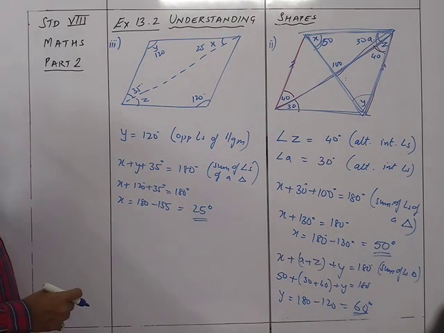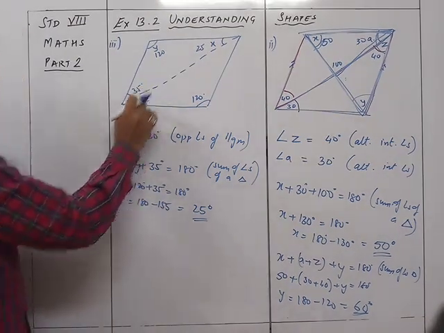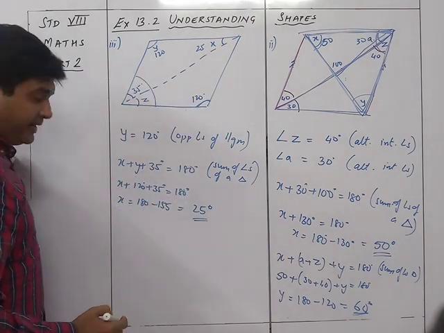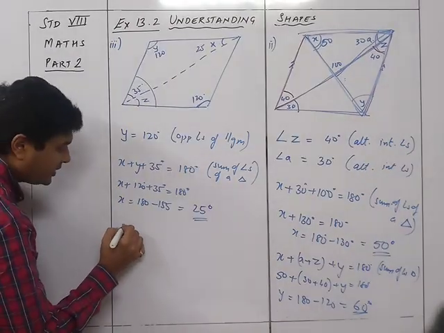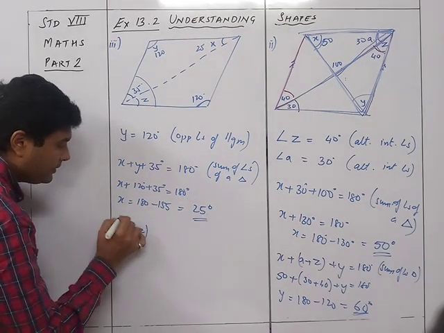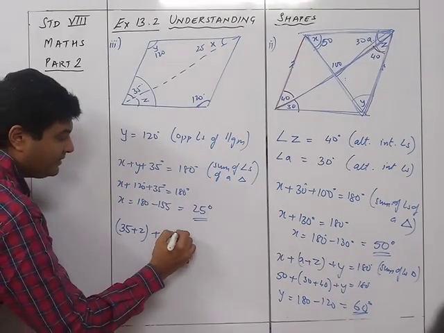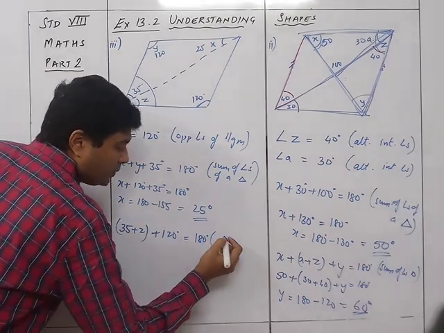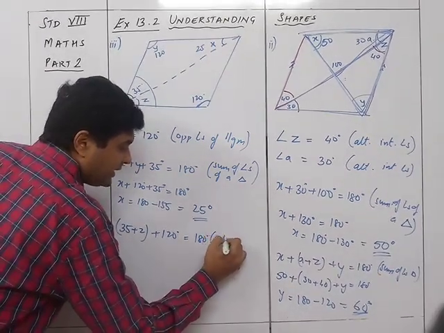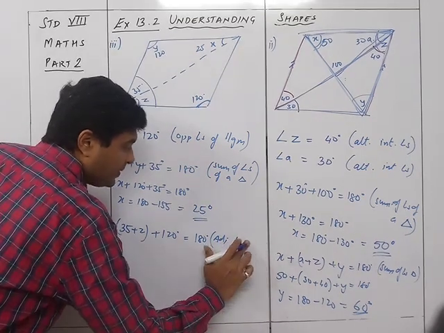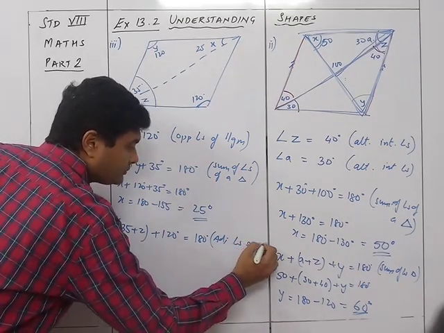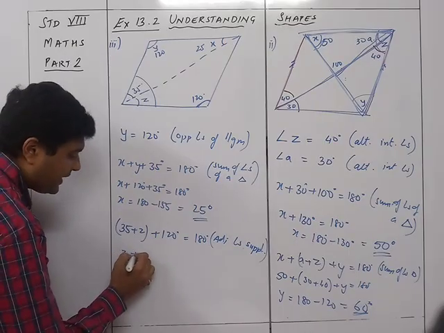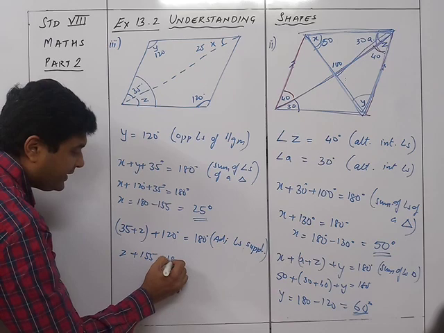Okay. Now we come to z. Now I know that this complete angle plus this angle is supplementary. So we have that 35 plus z plus 120 degrees is equal to 180 degrees. That is, we can say adjacent angles supplementary. So that's why z plus 155 is equal to 180.